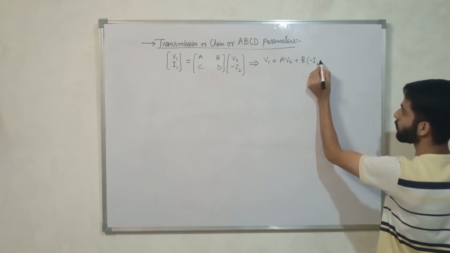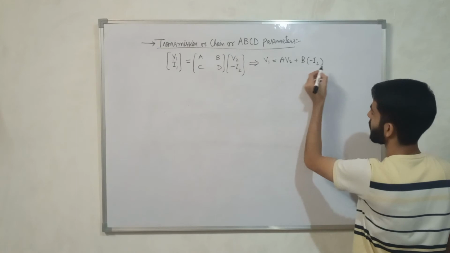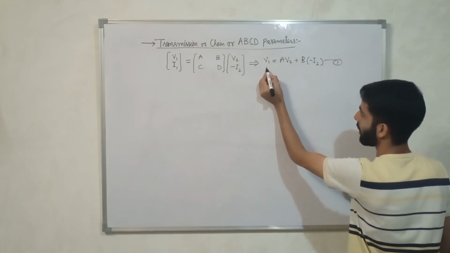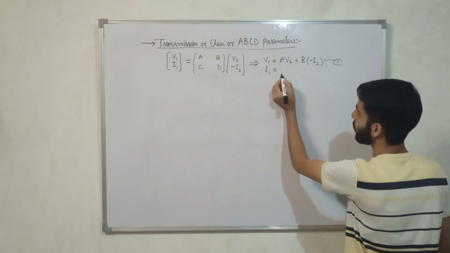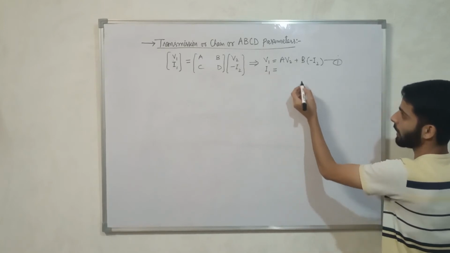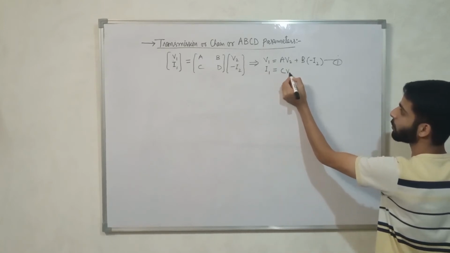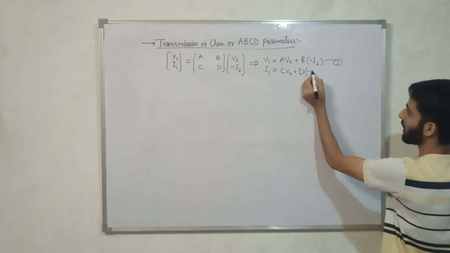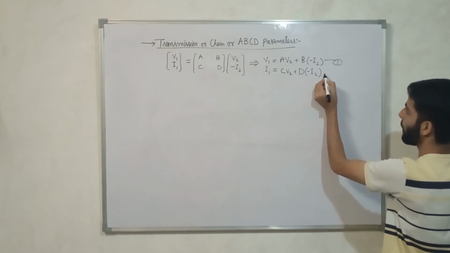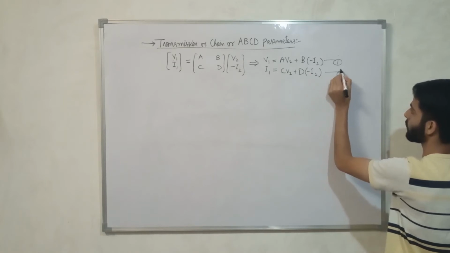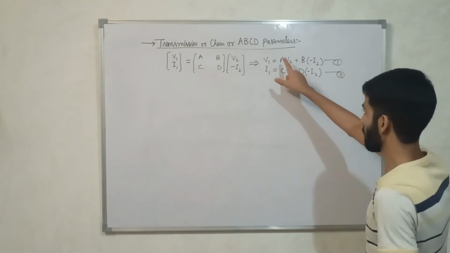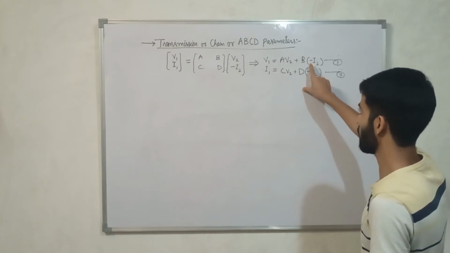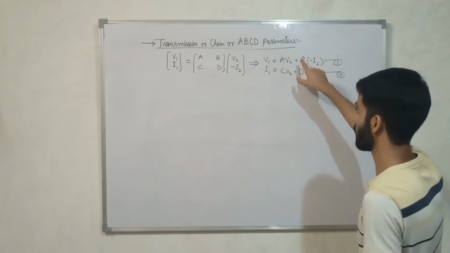Writing those equations, this will become V1 is equal to A V2 plus B into minus I2. And this one is I1 is equal to C V2 plus D into minus I2. Here you will see if we take minus I2 equals to 0, then this expression will be lost.